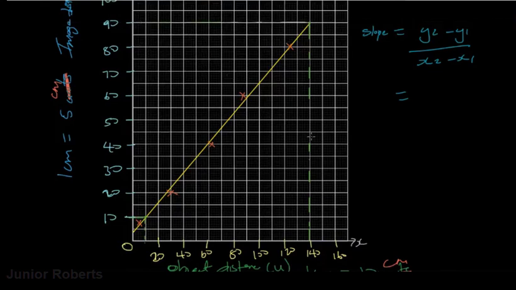Now I will simply read off. I will get y2 from here and x2 from here, and I will also get y1 here and x1 here.